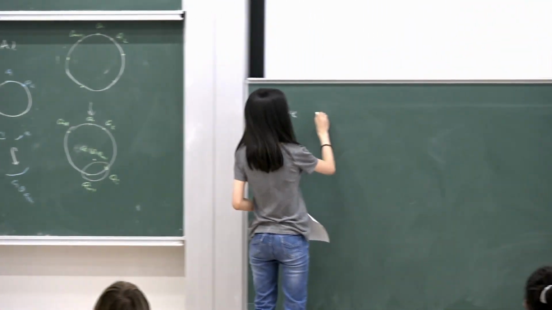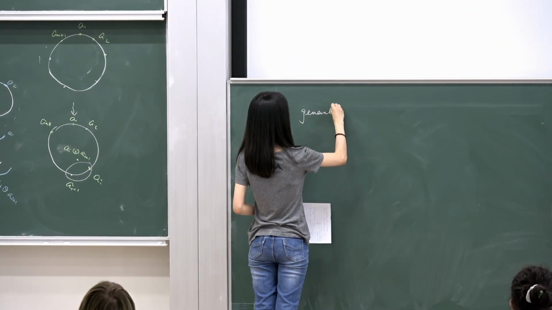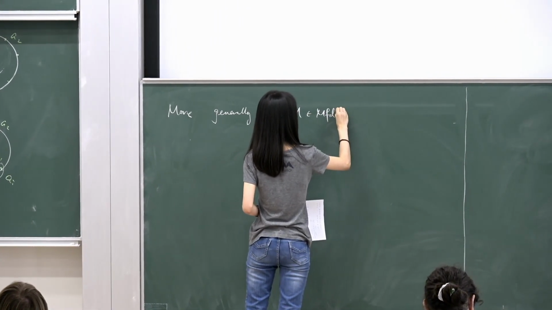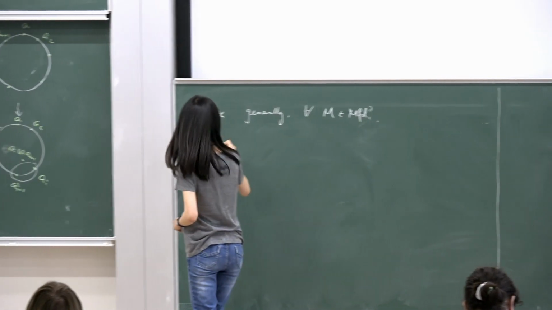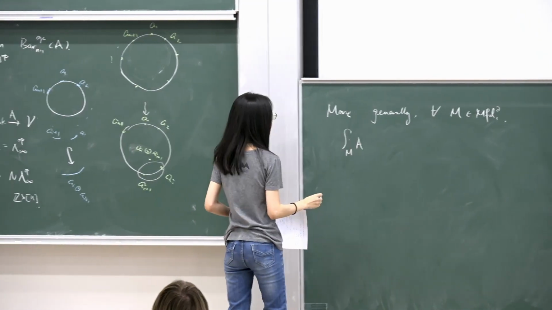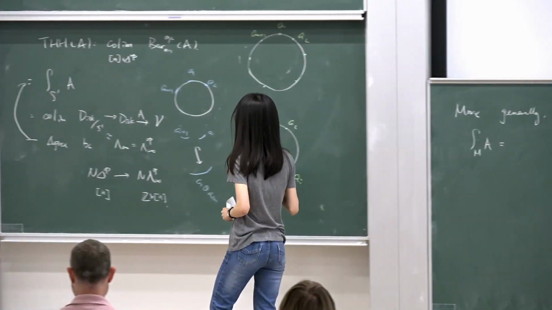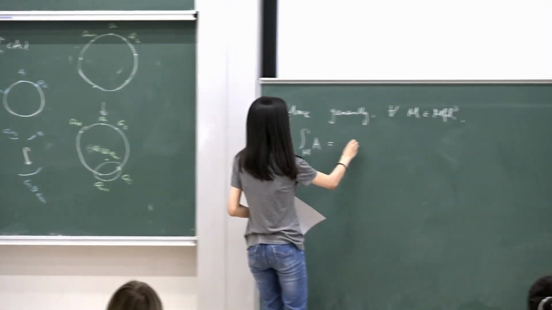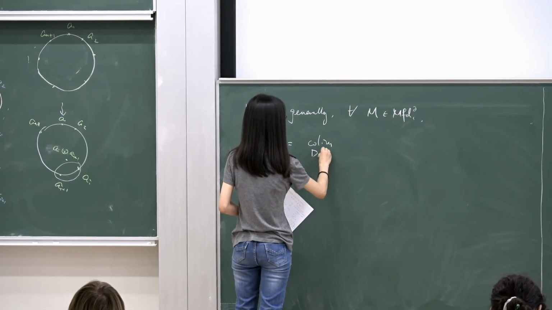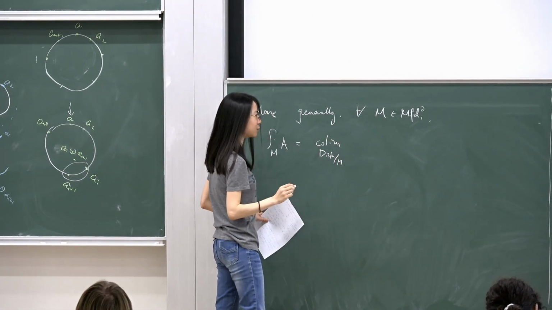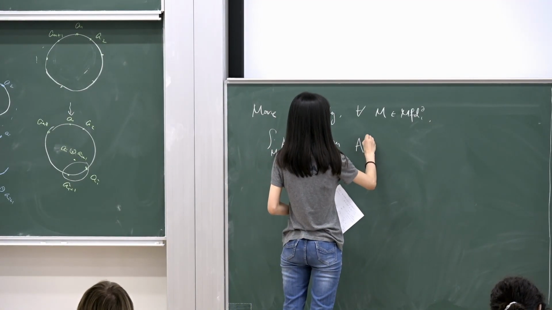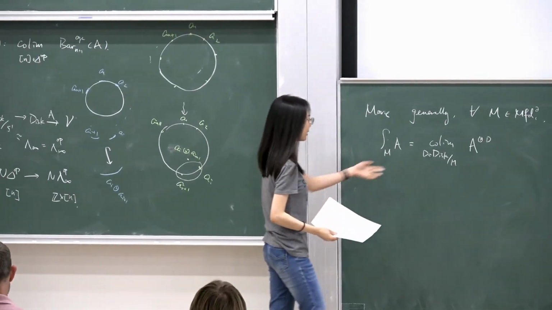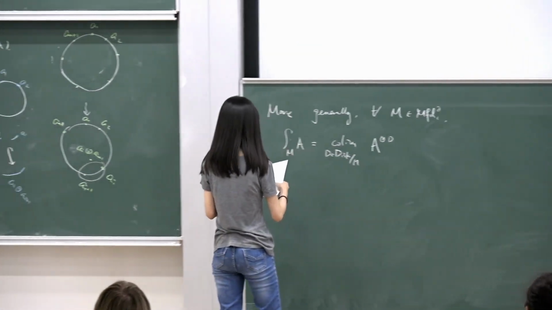More generally, for any n-manifold M with boundary, I can define factorization homology of A over M as the same co-limits, but I replace S1 with M. So it's the co-limit over all the ways of embedding my disks into the manifold M, and I take A tensor D. Every D here is n copies of disk, so I'm taking A tensor n.